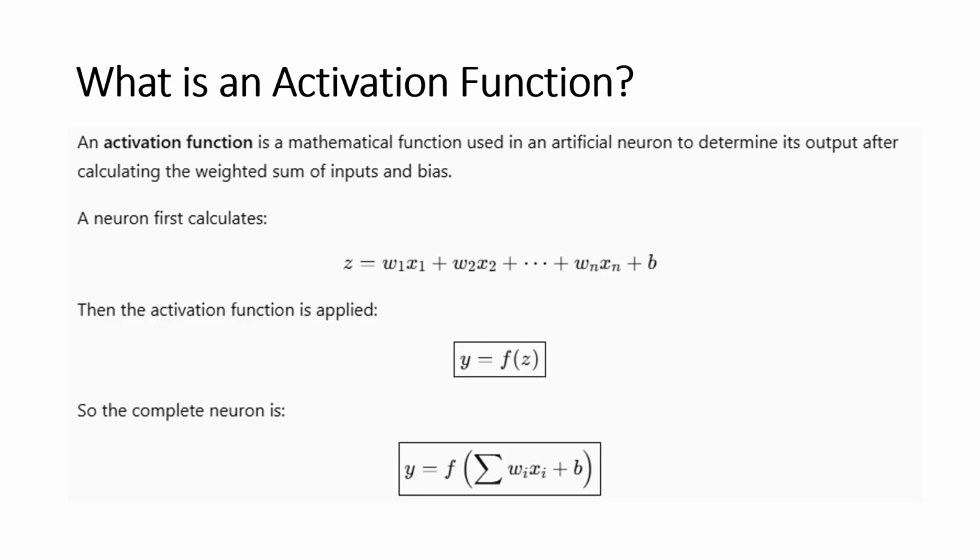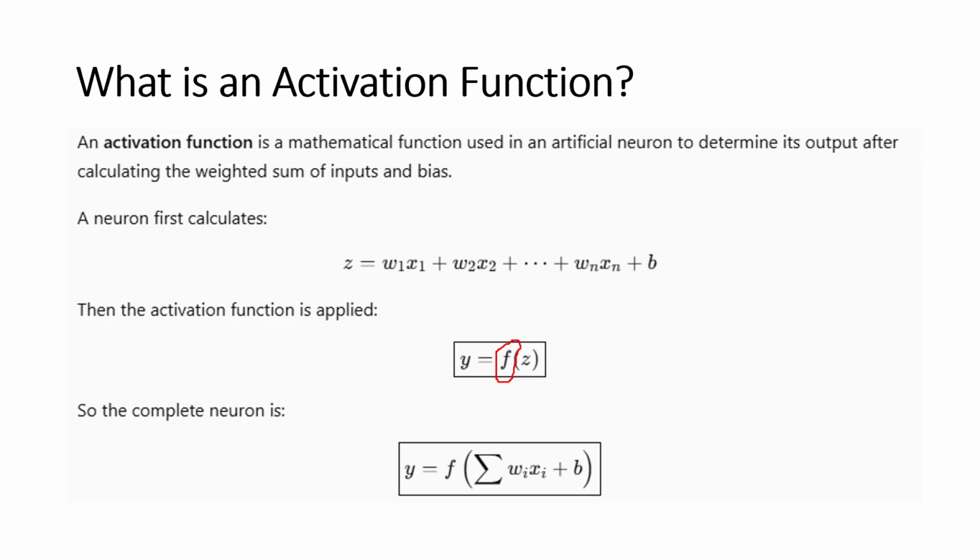Now, what is this activation function? Activation function is a mathematical function used in a neural network model to determine its output after calculating the net sum or the weighted sum of inputs and biases. Suppose Z is equal to the weighted sum of inputs and bias, then we apply a function f. This is known as the activation function.